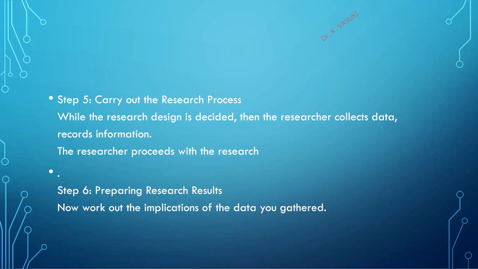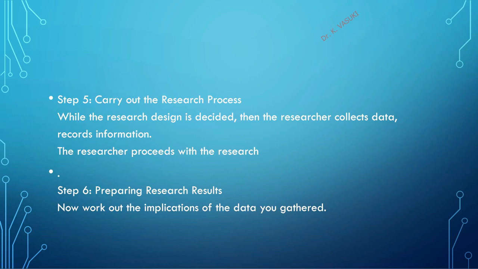After making a good research design, as a researcher, we have to collect data and information. We are collecting primary data based on our tool. We have already decided which tool we are going to use, so based on that we collect the data, according to the techniques we designed in the research design.